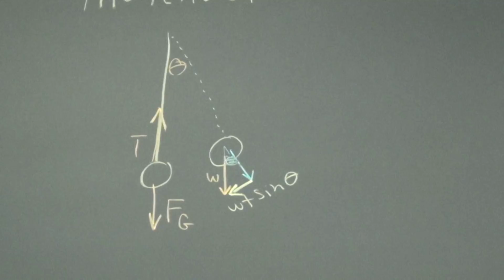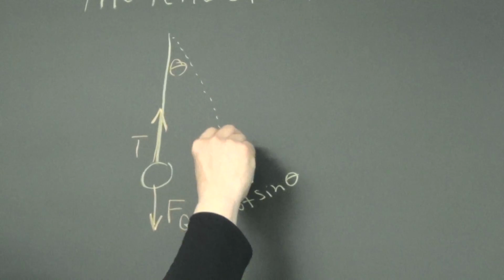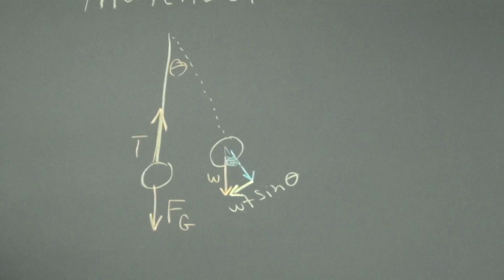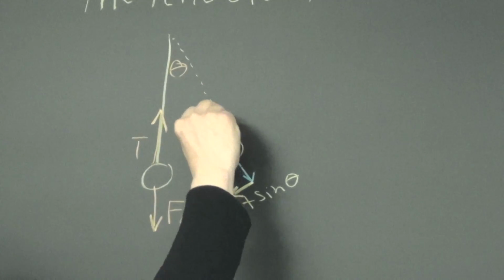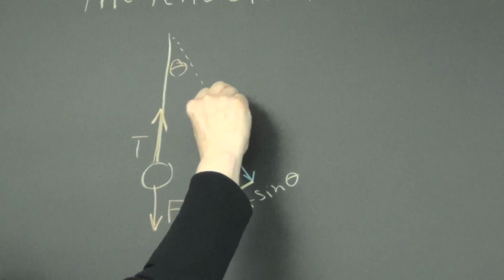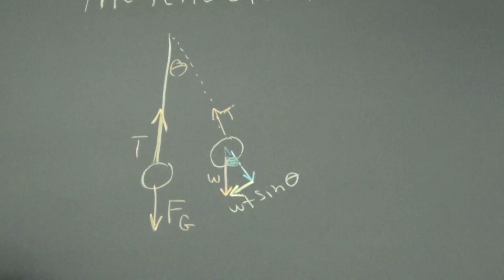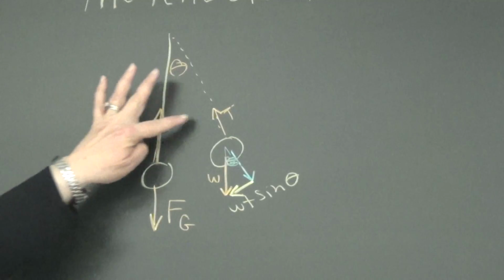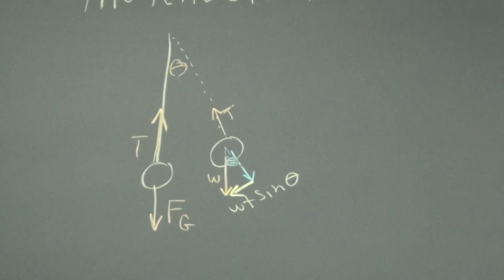I'm interested in the yellow one. The blue one is going to counter tension. So tension over here, and this will be countering it. So the orange and the blue will equal one another, but there's nothing countering weight sine theta.